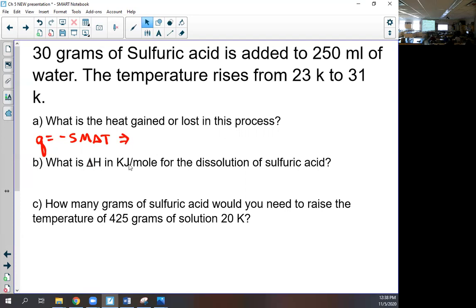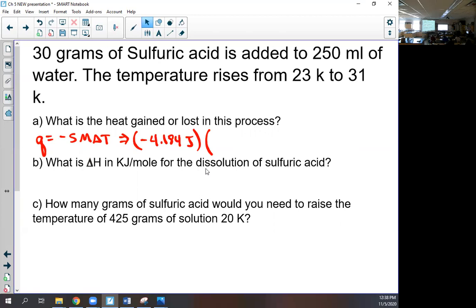So S is a variable or a constant. It is for water, negative 4.184 joules. The value, yes, 4.184. All right, now M. Oh, that's just because it's 1 calorie, right? Per joule.